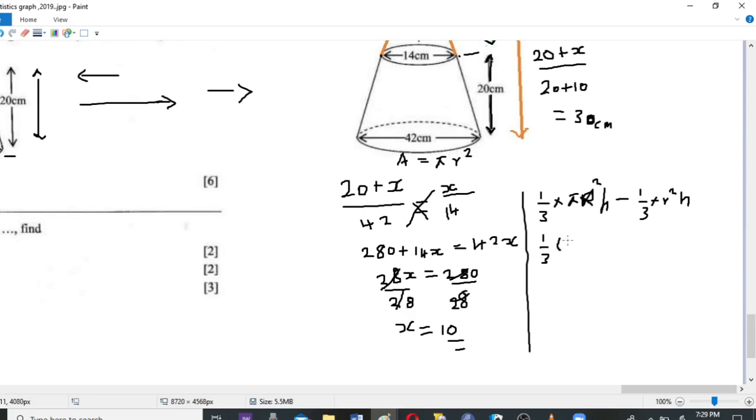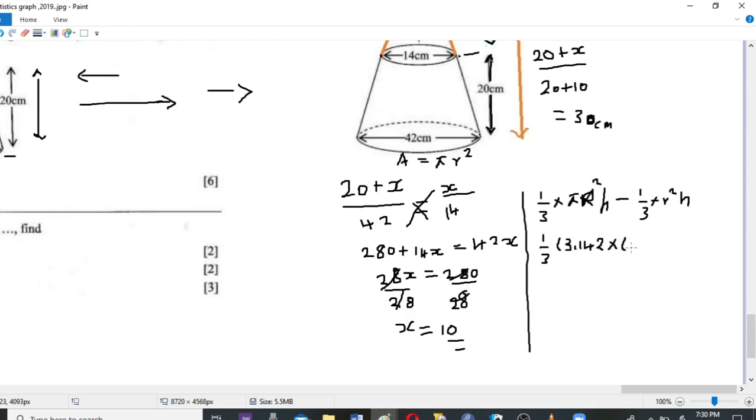The pi, we have been given pi to be 3.142. This is the value of the pi that we have been given. Now we're going to multiply this by the radius.